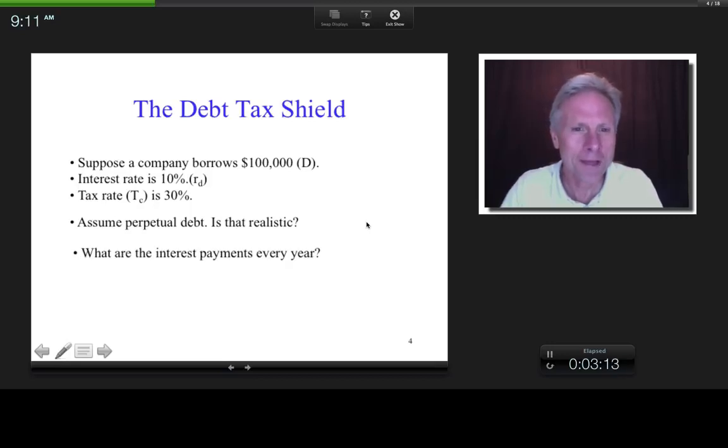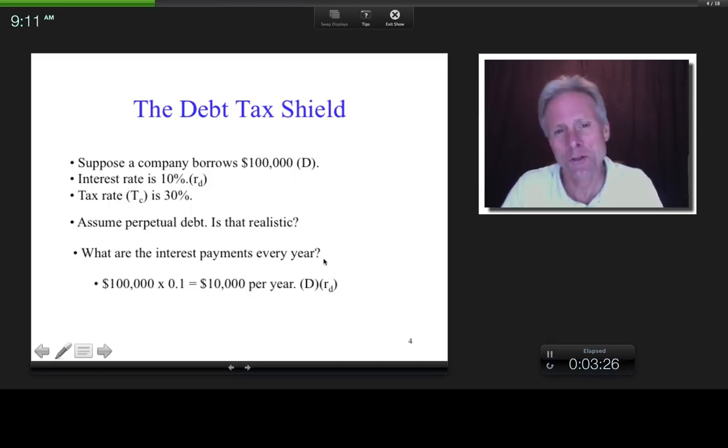Alright, so we have $100,000 that we borrowed. The interest rate's 10%, so how much do we pay in interest every year? Well, let's see. 100,000 at 10%, that's $10,000, right? So the amount you borrow times the interest rate, so that's $10,000 per year is what you pay in interest. This is the corporation, so D times RD.